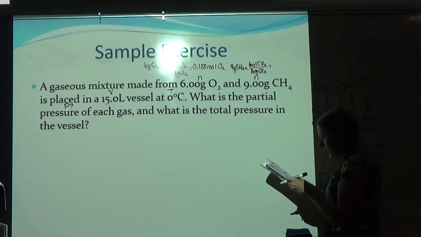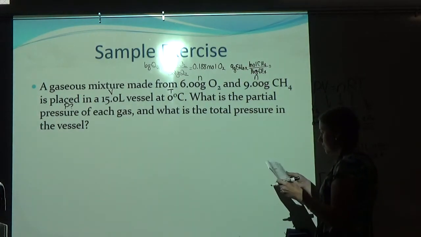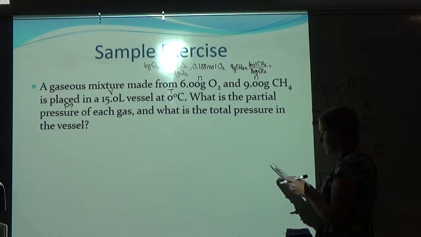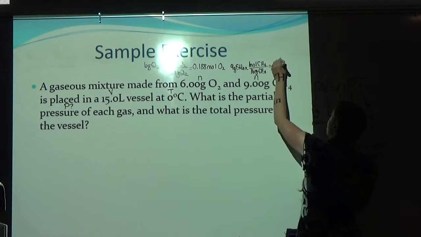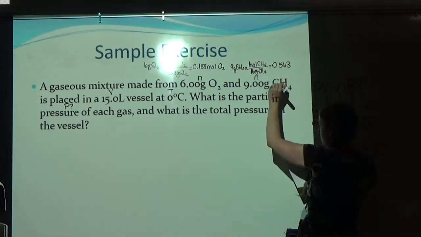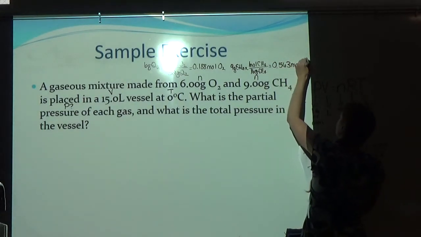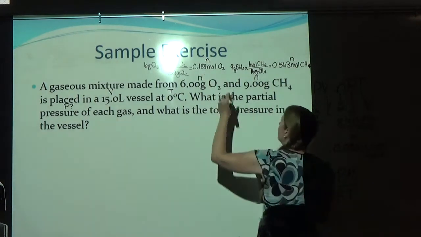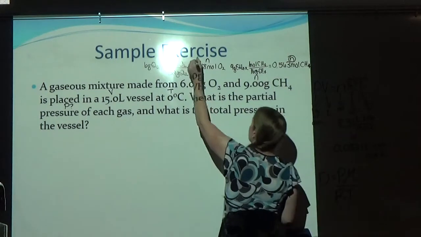So once I divide for that one, I end up getting 0.563 moles of CH4. So now I have some N values that I can actually work with here.